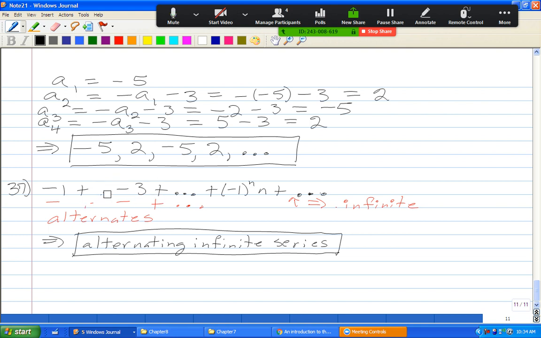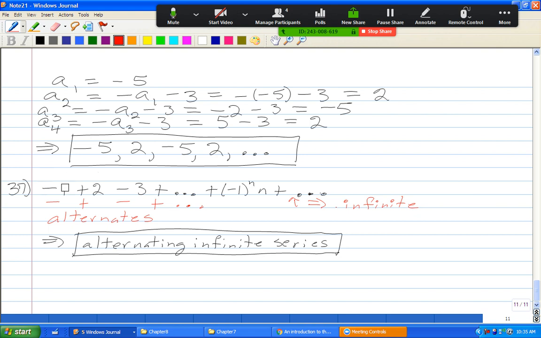If you just look at adding pairwise, then you'll get some number. You'll get like 1 plus 1 plus 1.